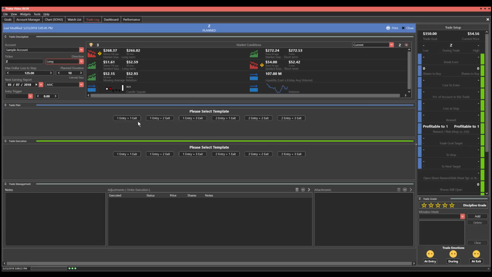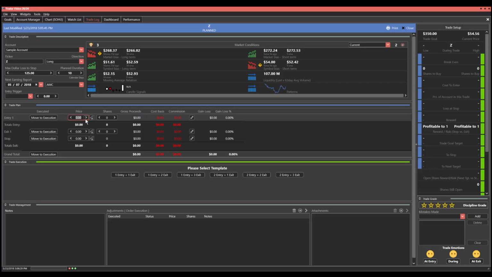And I guess I only did one exit, so let's do that. With a 54.10 entry and a 51.95 stop and a 58. It's not going to work, I'm sure. Let's just do 50 shares for grins.